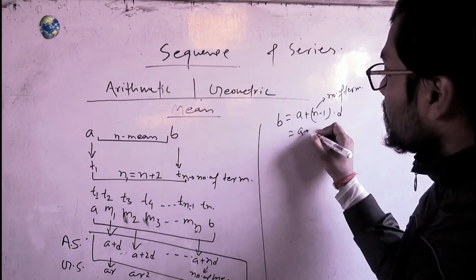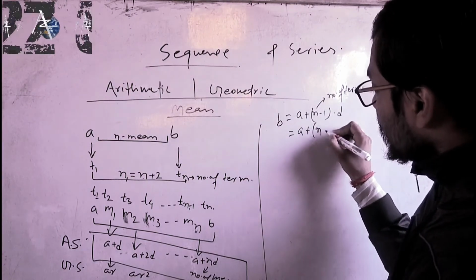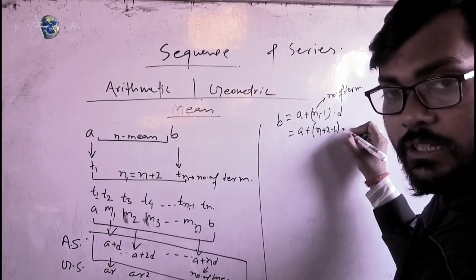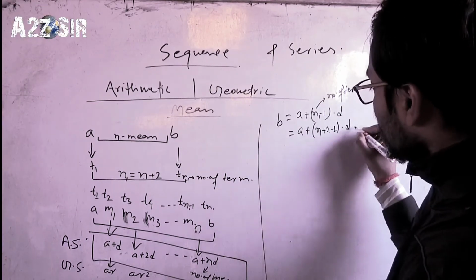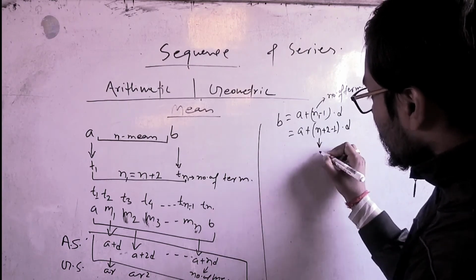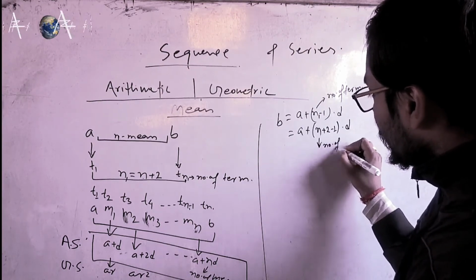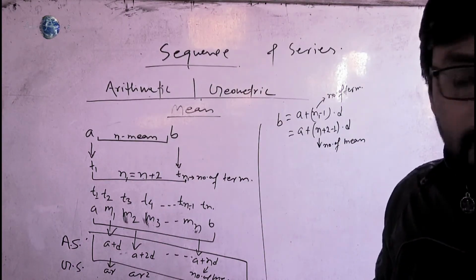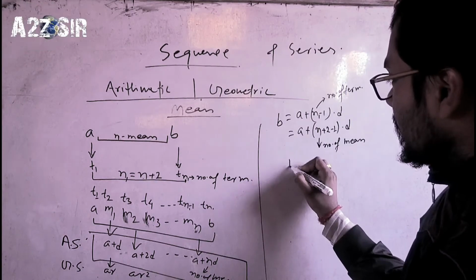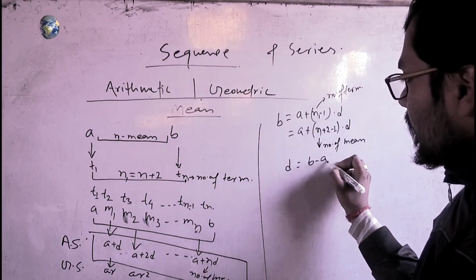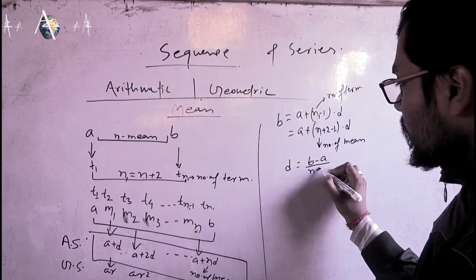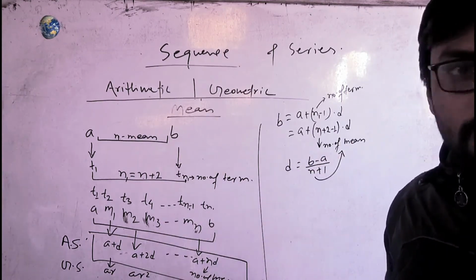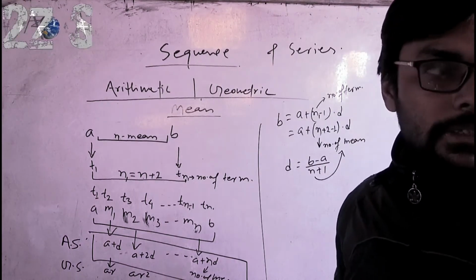Then we can use A plus (n plus 2 minus 1) D, where n is the number of means between A and B. Then D is equal to what? D is equal to (B minus A) divided by (n plus 1), where n is the number of means between A and B.